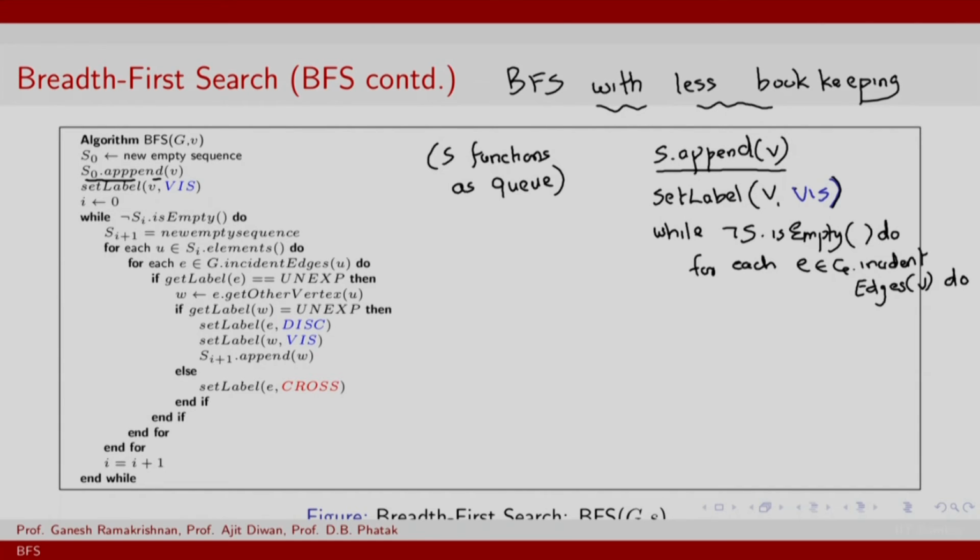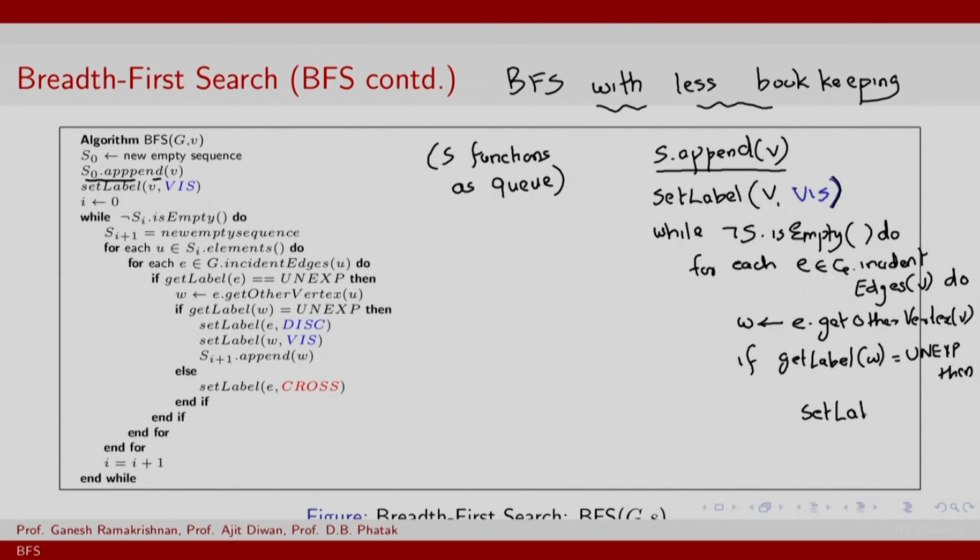This is the same as before, and like before I am going to say W is E dot get other vertex for V. I am going to check the label as before again, if get label W is unexplored, then I am going to set the label now.